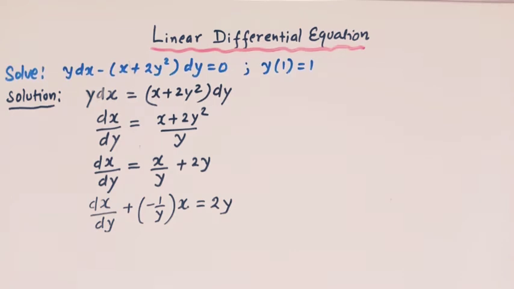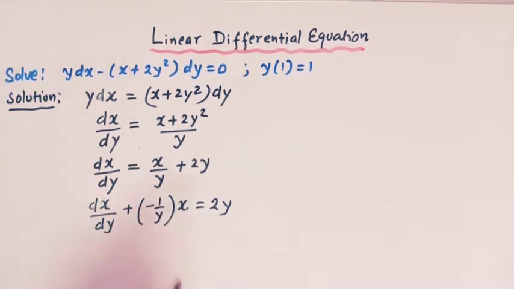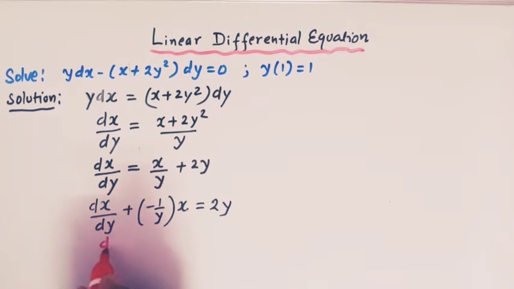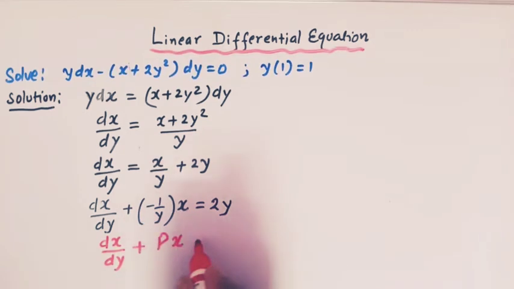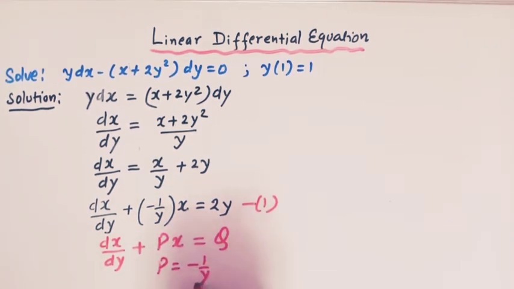Now we have expressed the given differential equation in a form identical to dx over dy plus Px is equal to Q, which is a linear differential equation of this type, where P is equal to minus 1 over y and Q is equal to 2y.